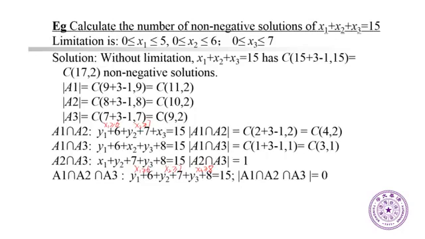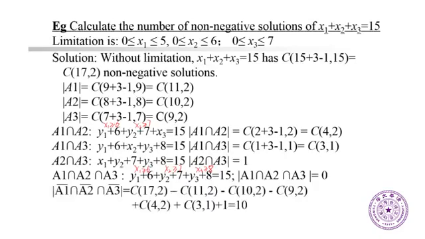Now we need to calculate A1 complement intersect A2 complement intersect A3 complement and use the inclusion and exclusion principle. The size is C(17, 2) minus C(11, 2) minus C(10, 2) minus C(9, 2) plus C(4, 2), and then plus C(3, 1) plus 1, which is 10. So this is the number of non-negative roots with restrictions, which is what we want.